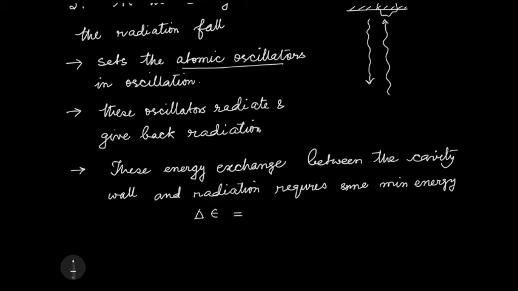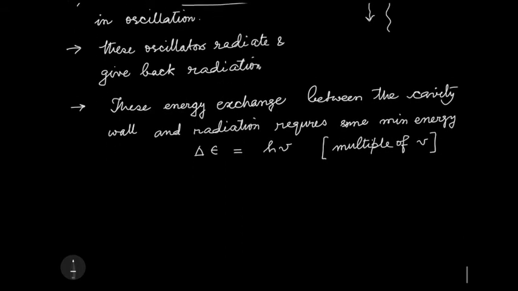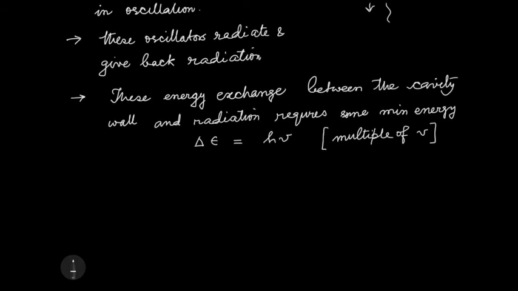Only if the energy is more than that will this exchange happen, and that minimum energy is a multiple of the frequency of the radiation. If the frequency of the radiation is more, the minimum energy required for this particular transition will be more.